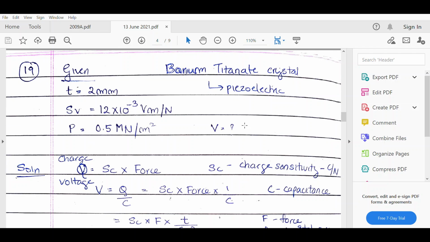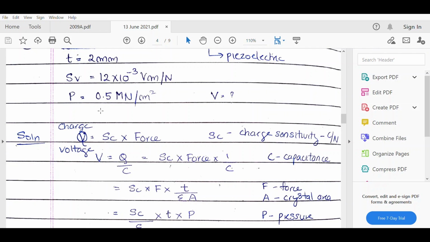Now if we were to see the property of piezoelectric materials, the charge that is produced inside a piezoelectric crystal is equal to the charge sensitivity multiplied by the force. The charge sensitivity would be in coulombs per Newton, force would be in Newton.